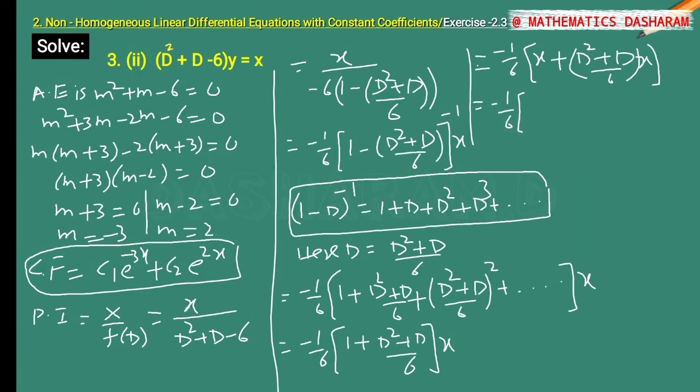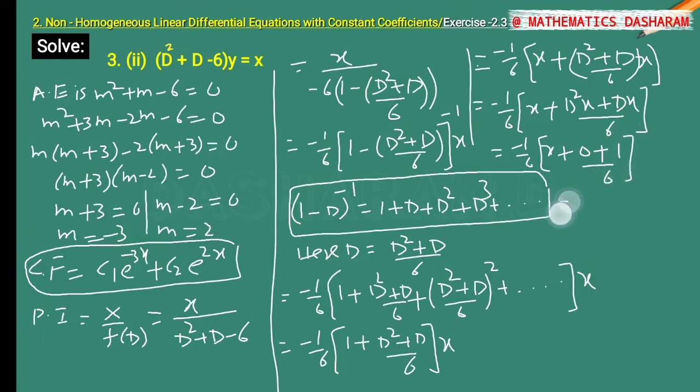So -1/6 [x + D²x + Dx/6]. The second order derivative of x is 0, and the derivative of x is 1, so 1/6. So -1/6 (6x + 1)/6.